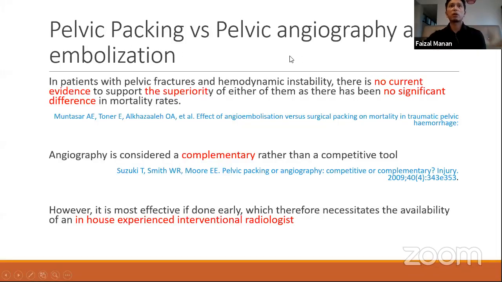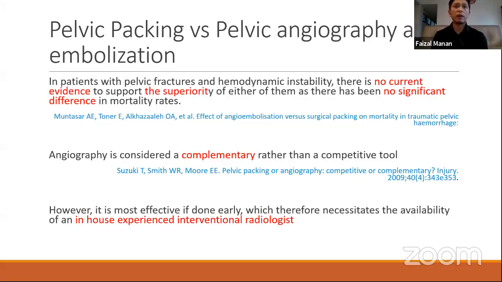What about pelvic angiography and embolization? Dr. Arvind will explain further. In patients with pelvic fracture and hemodynamic instability, there's no current evidence to support the superiority of either of them, as there has been no significant difference in mortality rates. Angiography is considered a complementary rather than a competitive tool.